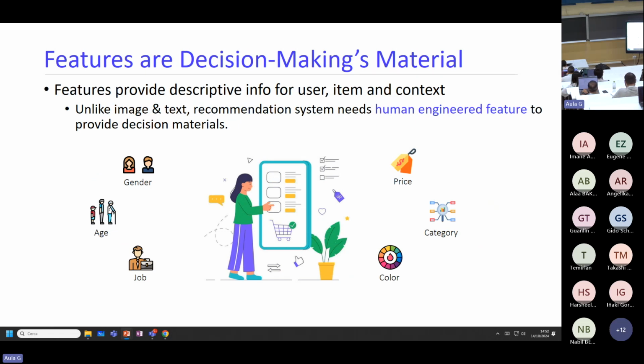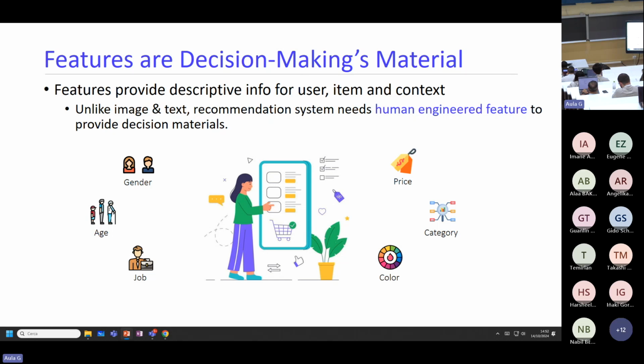Features are the essential materials for decision making in recommender systems. They provide descriptive information about the user, the item, and the context in which the recommendations are made. Unlike image and text data, which can often be processed directly by machine learning algorithms, recommendation systems rely on human engineered features to supply the necessary decision materials.